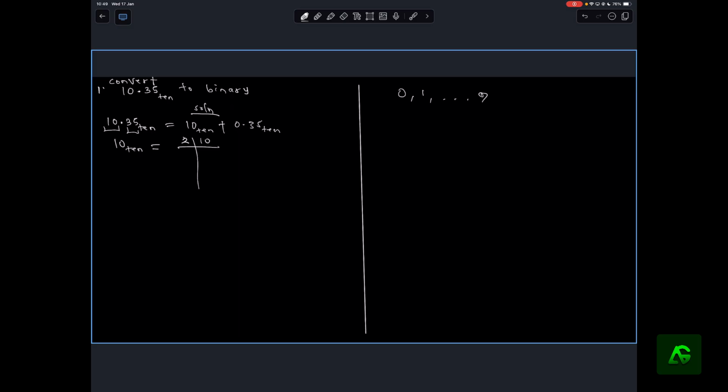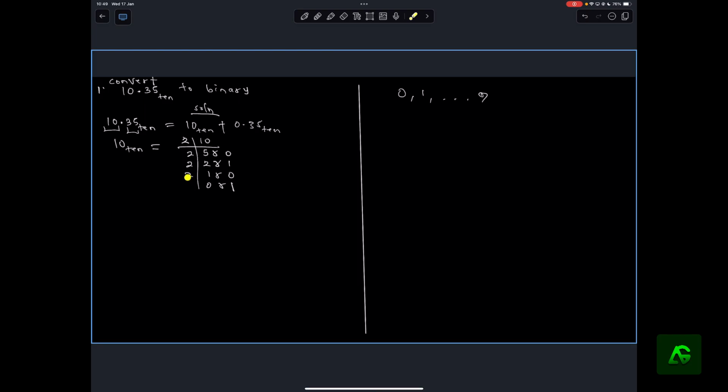2 in 10, 5, remainder 0. 2 in 5, 2, remainder 1. 2 in 2, 1, remainder 0. And 2 in 1 is 0, remainder 1. You must always ensure that the last value ends with 0.